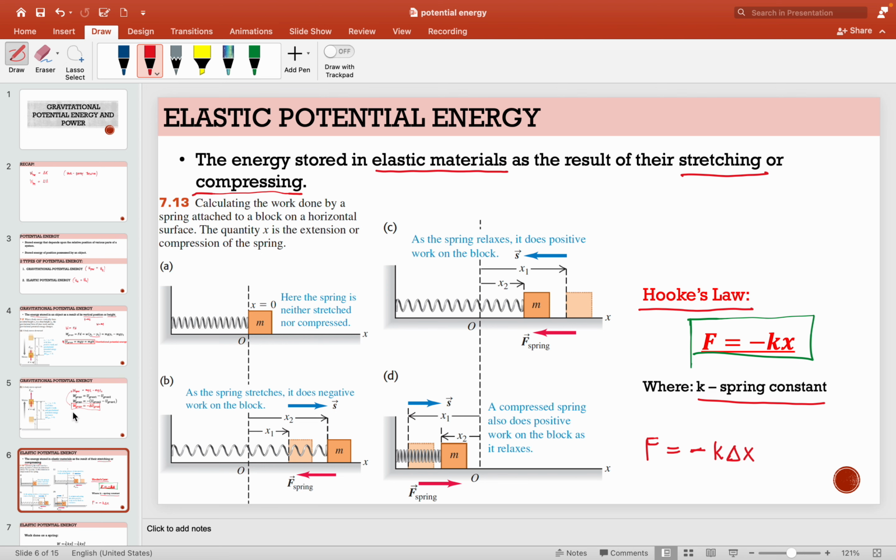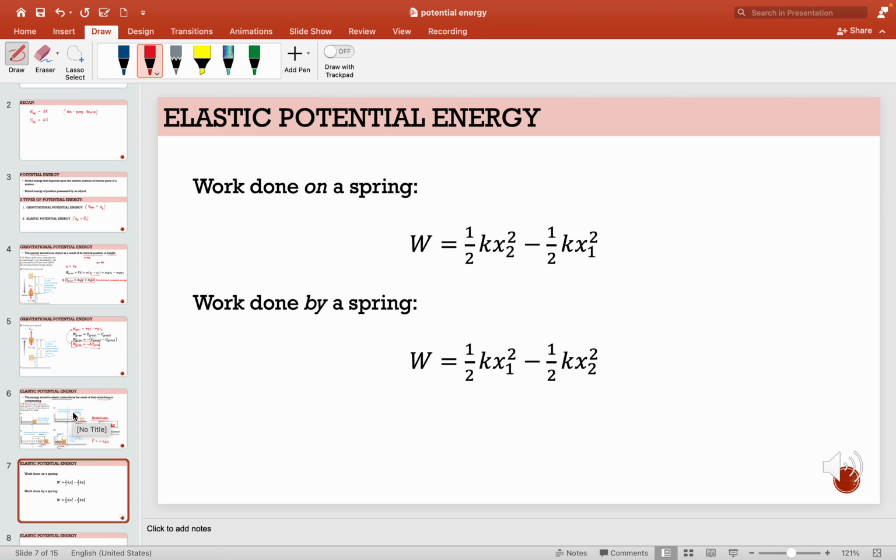Okay. So the work done on a spring, we have work is equal to 1/2 times k times the final position squared minus 1/2 k times the initial position squared.